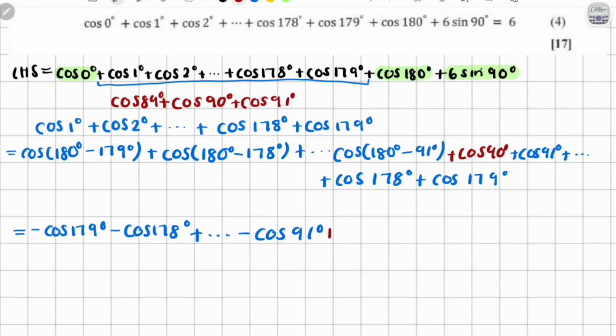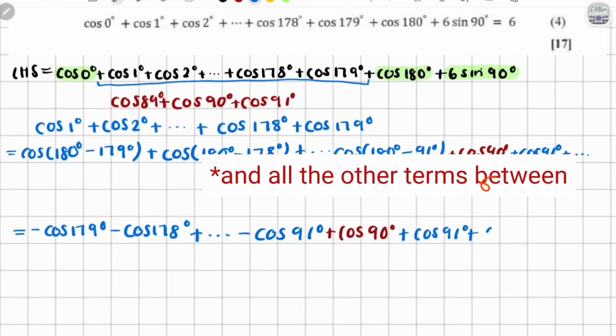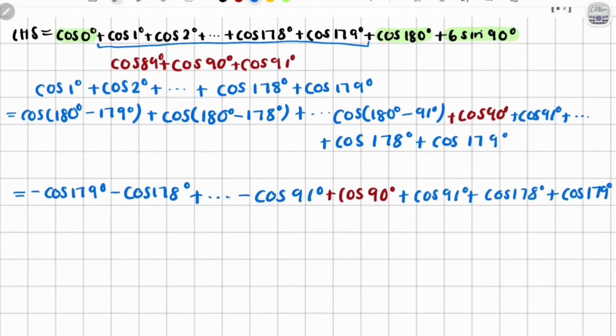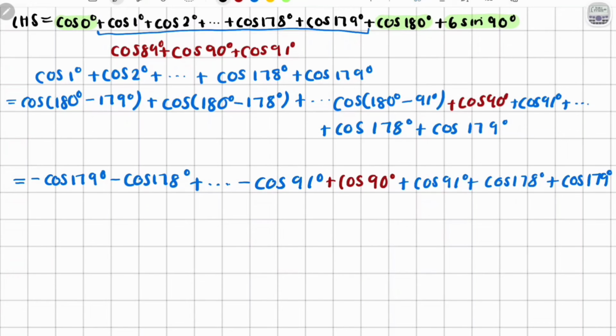Then in that middle, not directly in the middle, but it's there, we have the cos of 90 degrees. And after having that 90 degrees, I'm going to rewrite these as positive numbers as they are. So we have that cos 91 degrees plus cos 178 degrees plus cos 179 degrees. I'm just trying to show you how they actually cancel. Now you see negative cos of 179 would cancel with the positive cos of 179 because they're being added all through.